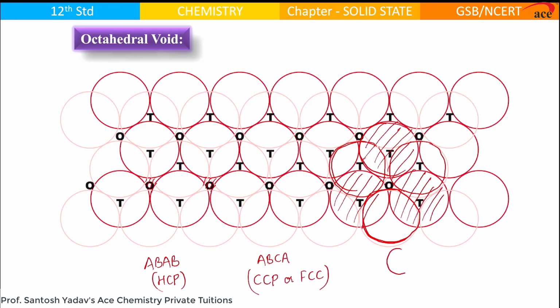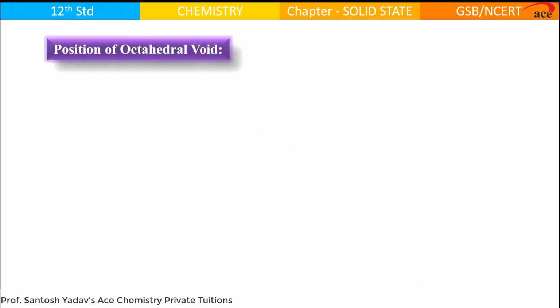So, we remember that if there is a lower layer of triangle and an upper layer of triangle, then whatever void is trapped is called an octahedral void.